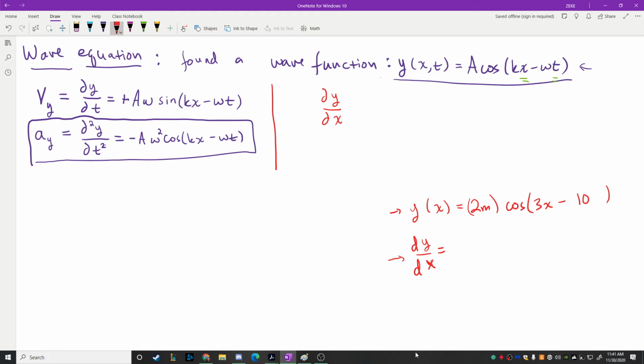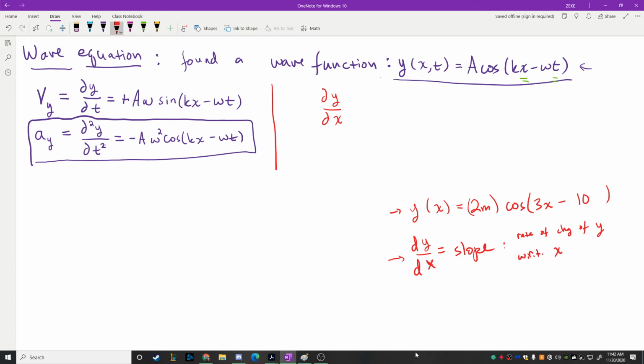I can get rid of the cosine function if it helps, but... Slope. This is slope. That's right. It's the rate of change of y with respect to x, right? That's it, just slope, right?